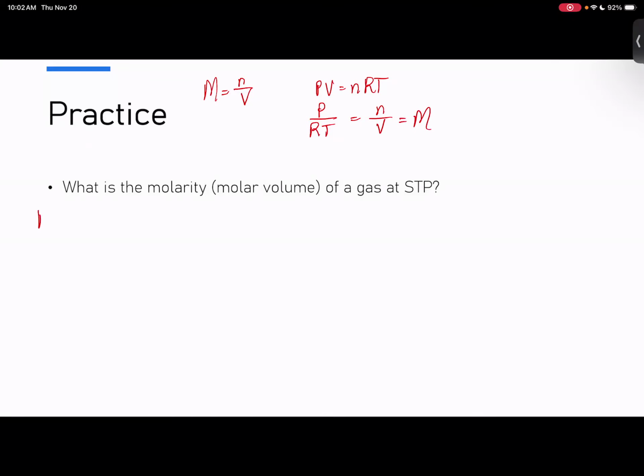So our pressure is 1 atmosphere. Our temperature is equal to 273.15 Kelvin. And R is equal to 0.0821 atmosphere liters per mole Kelvin.